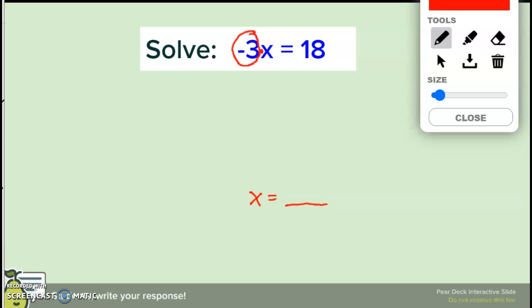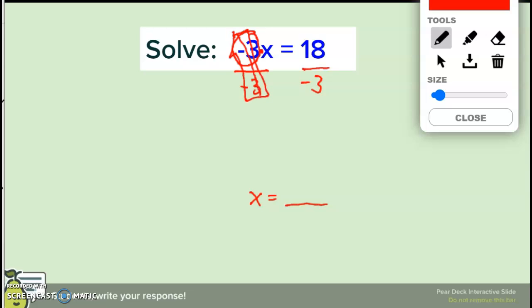So -3 is being multiplied to x. How do I undo multiplication? What is the opposite of multiply? It's division. So instead of multiplying by -3, we need to divide by -3. When you divide by -3, that becomes my giant 1, and that goes away.